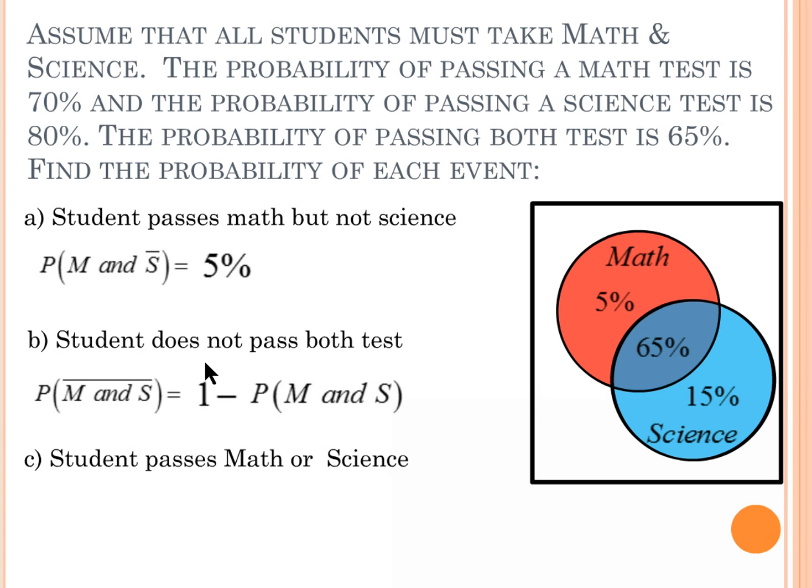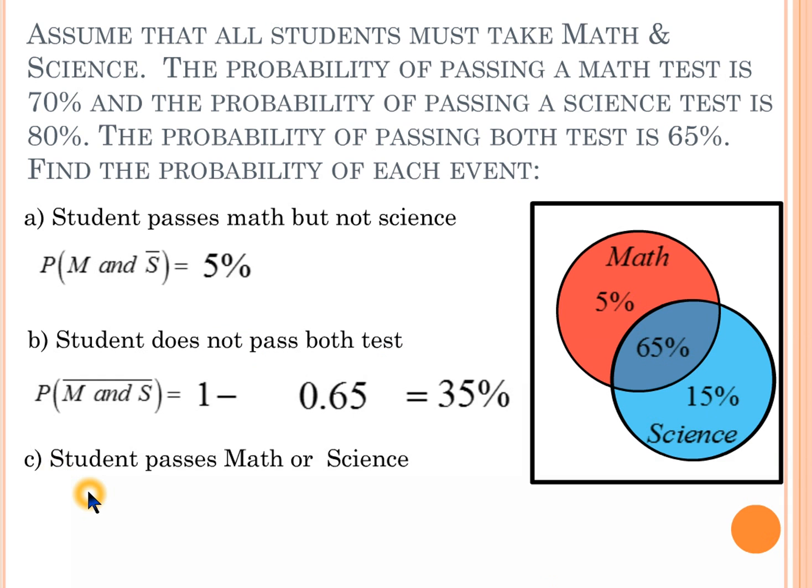Using this, it'll be a lot easier to solve. The probability of math and science is 65%, so I can do 1 minus 0.65, and that'll give me a total of 35%. So there's a 35% chance that the student will not pass both exams.